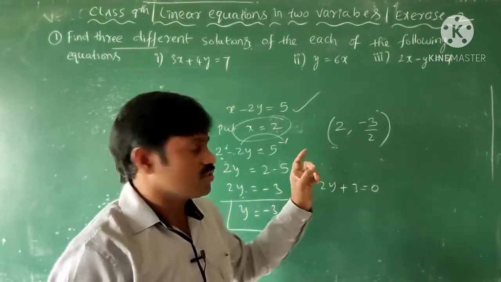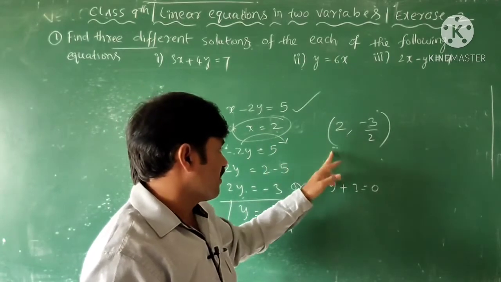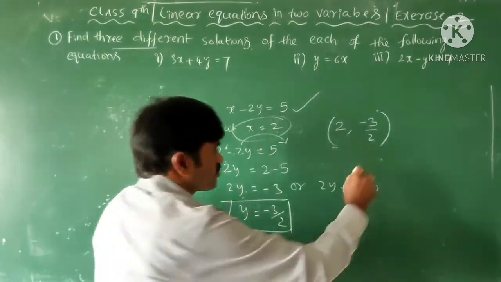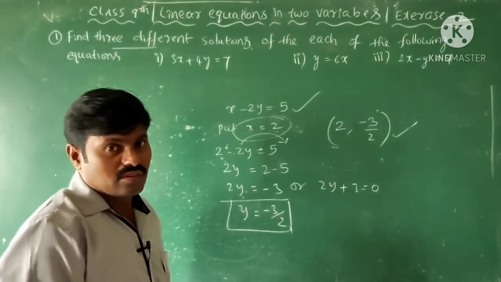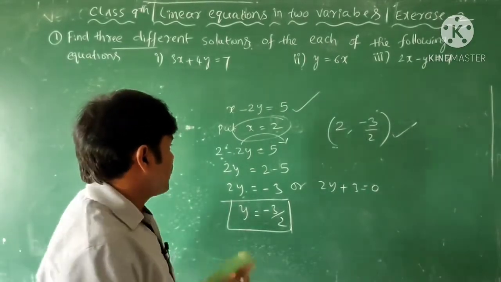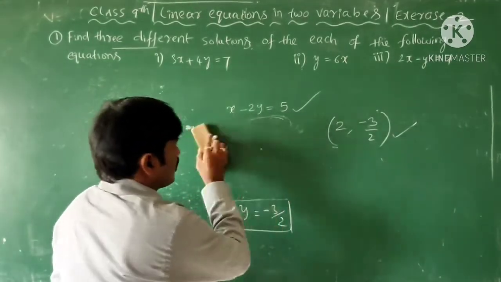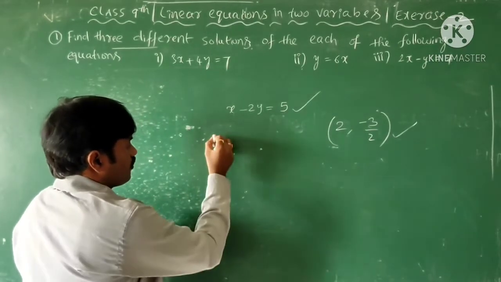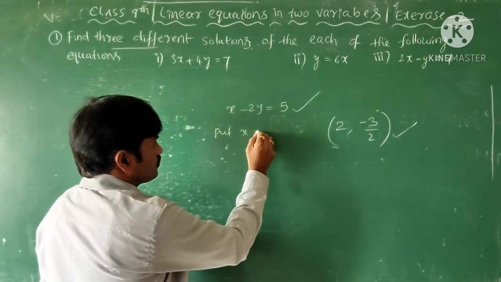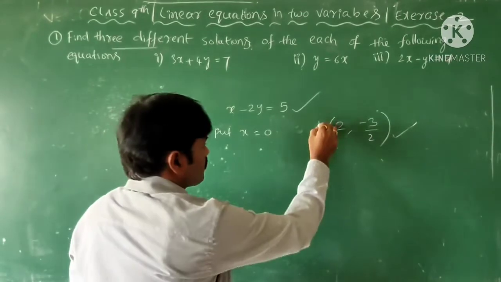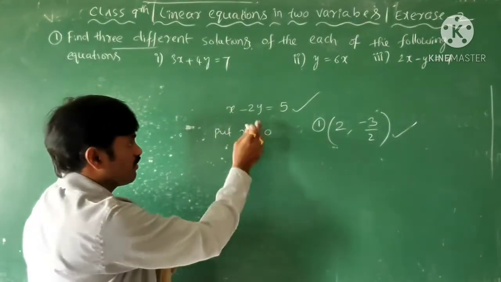Okay, so if x is equal to 2, its corresponding y value is minus 3 by 2, so it is one solution. Okay, clear? Now I am putting x value 0, then what about y?